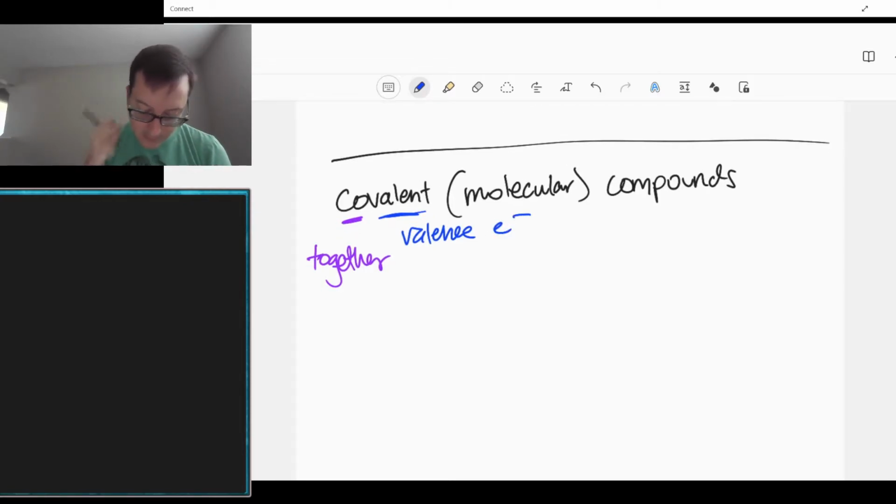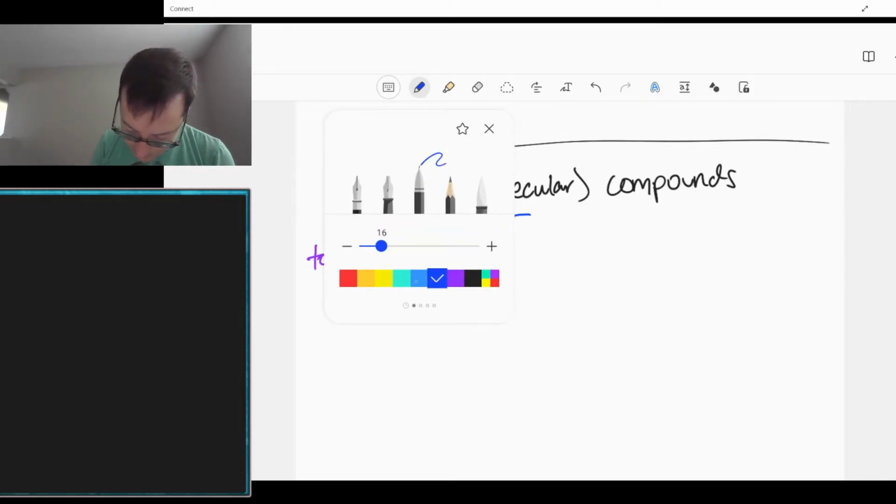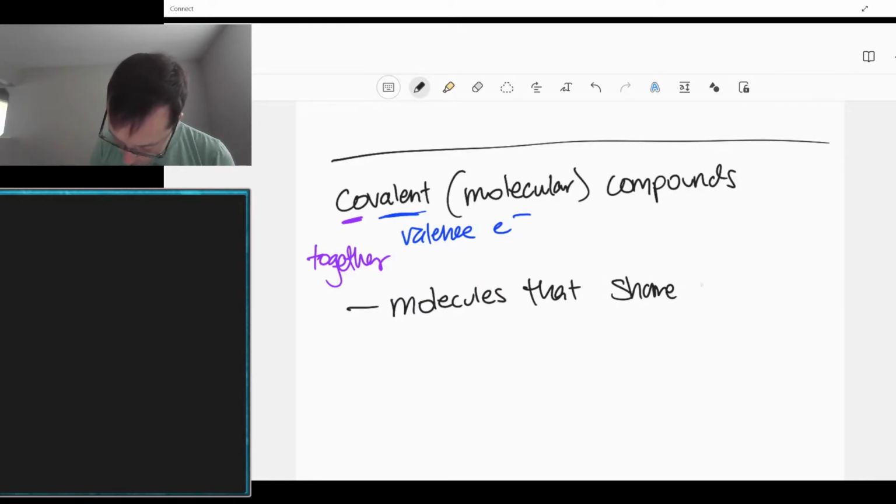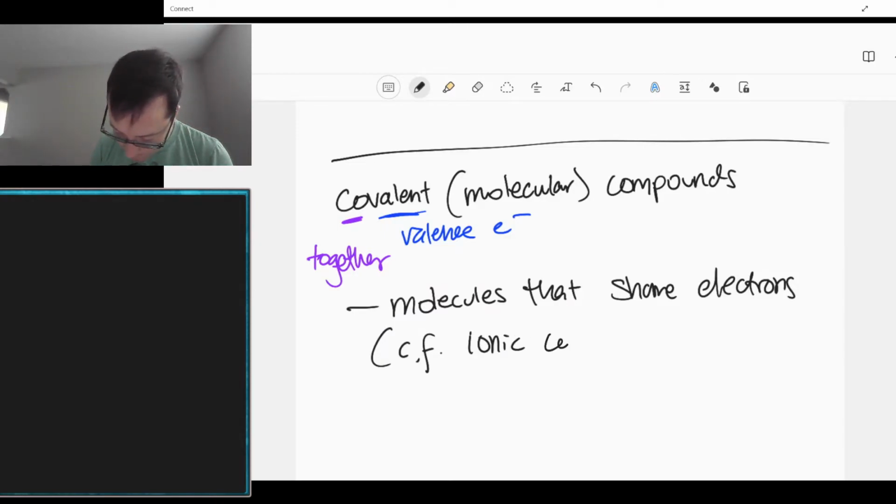So these are going to be molecules that share electrons. Compare this with ionic compounds, where electrons are kind of given away.